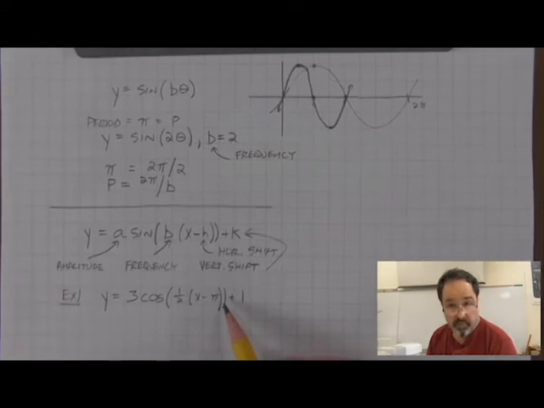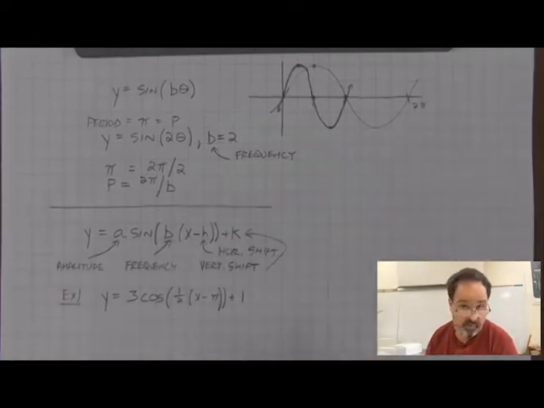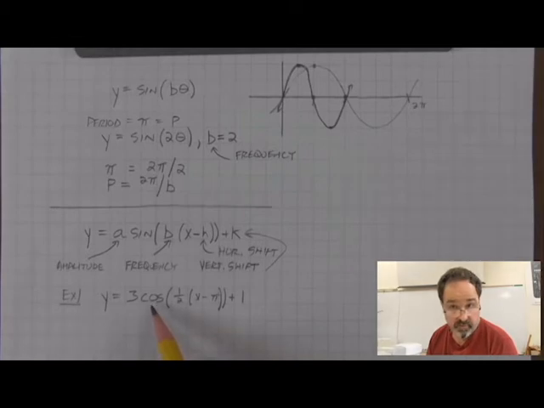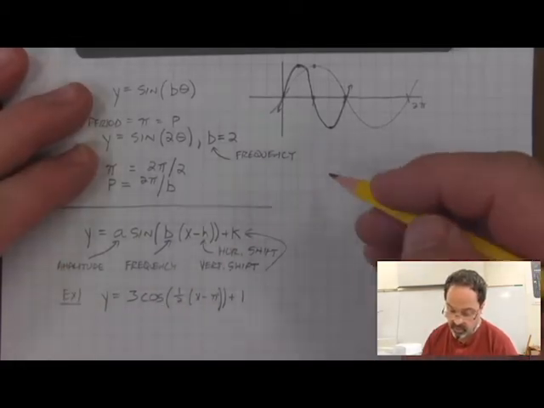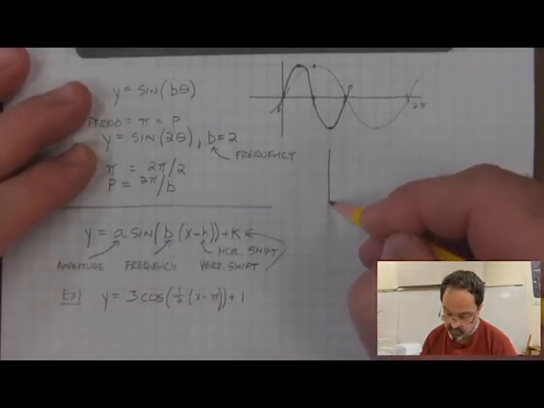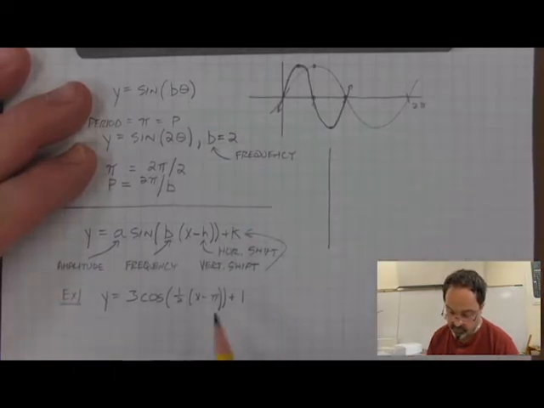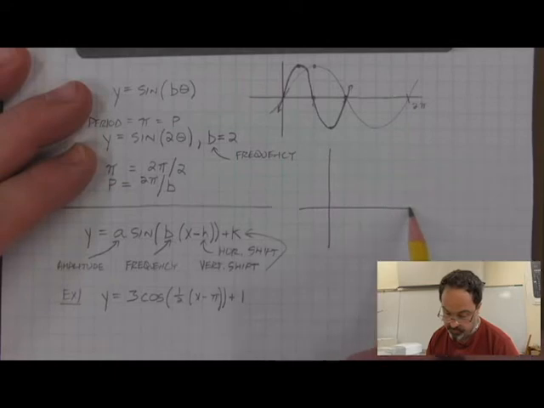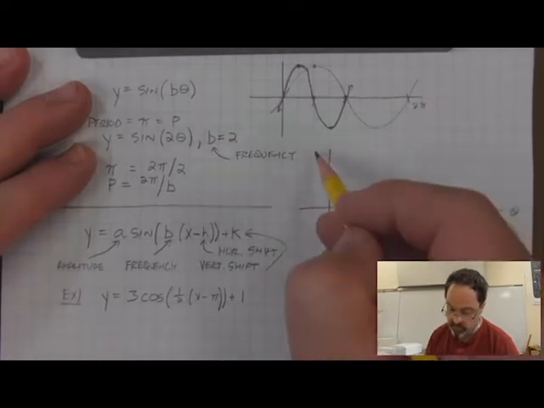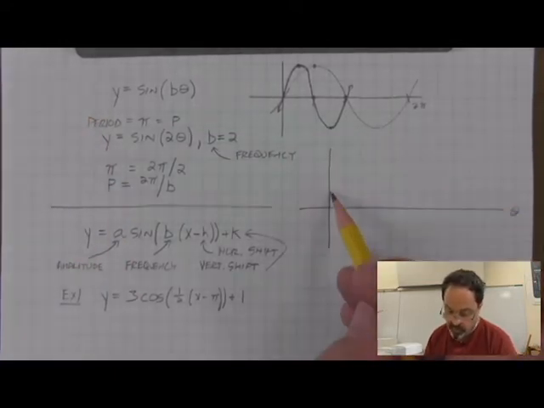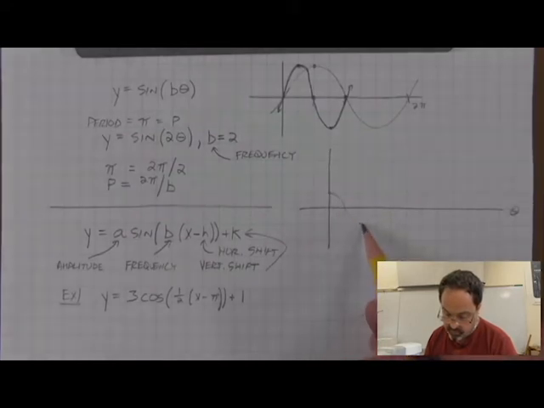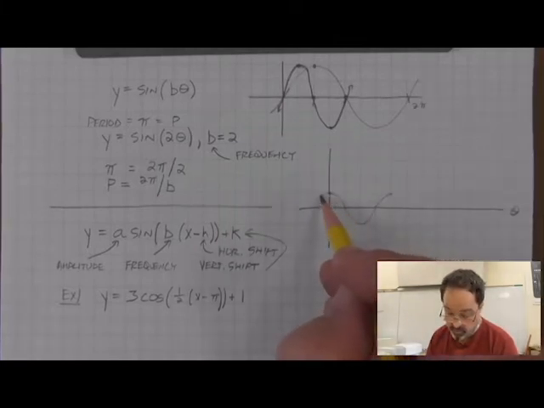Because the parameters describe transformations on the parent function, in this case cosine, I can, without technology, graph an equation like this. I'm going to first graph cosine, parent cosine, because my graph is going to be a transformation of parent cosine.